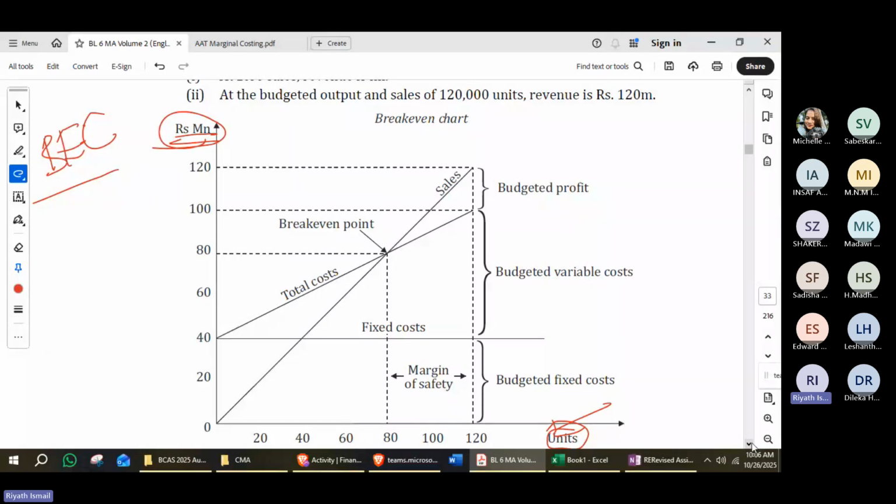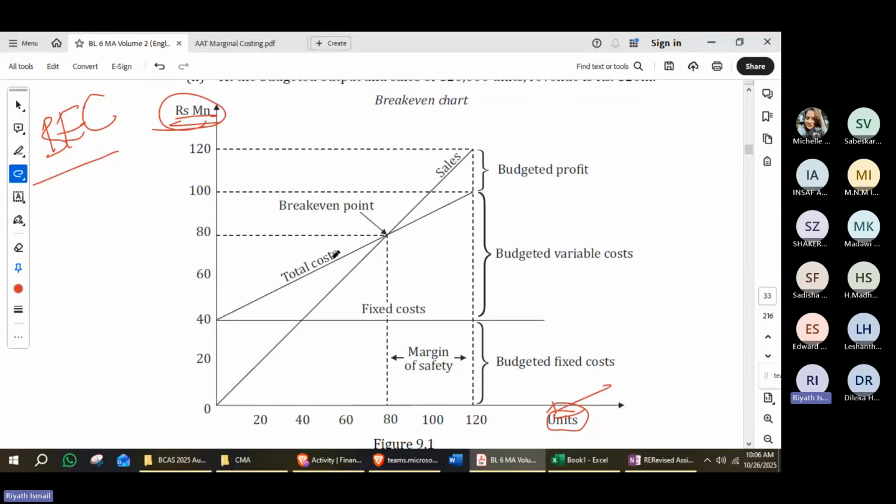To draw this kind of break-even point chart, we need the fixed cost, the variable cost per unit, and the selling price per unit. To draw a line, at a minimum we need 2 points. When sales or production is 0, the fixed cost is always fixed. So we get 1 point.